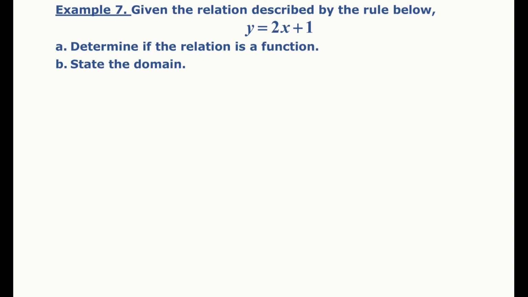All right, next we want to look at a relationship defined by this rule right here and determine if it's a function or not, and then state the domain. So we noticed that basically every input x, if we make a table of values, this will make a lot of sense. If I plug in 0, I'm going to get 2 times 0, which is 0, plus 1, which is 1.